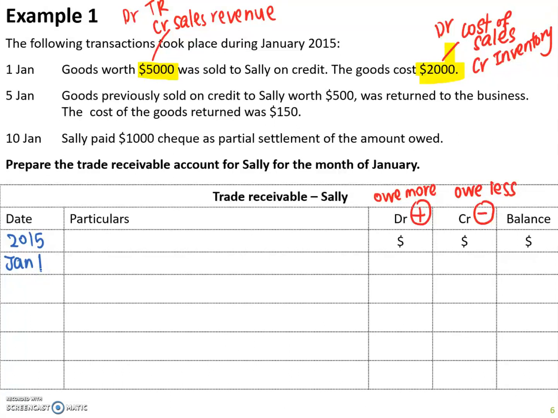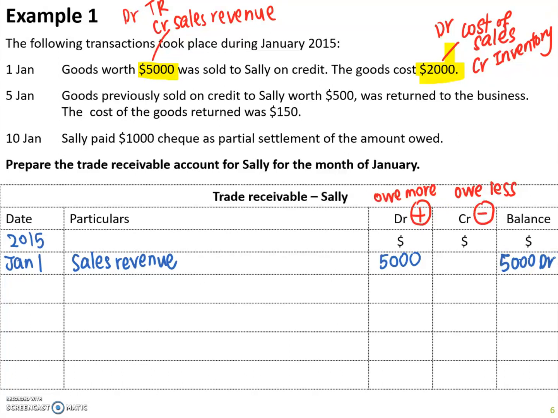Okay, business actually sold goods to Sally $5,000. So Sally owes the business $5,000. Okay, she owes more. So we write down $5,000. Okay, Sally owes the business more. And the opposite account would be my sales revenue. Okay, so this will be a $5,000 debit.